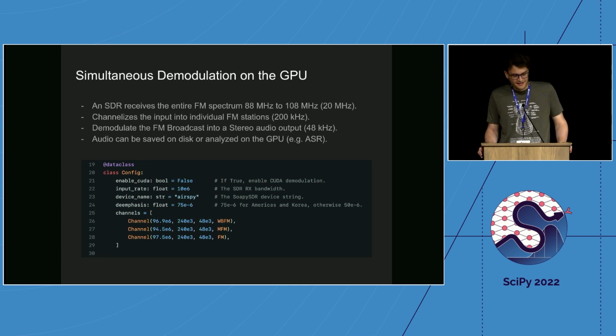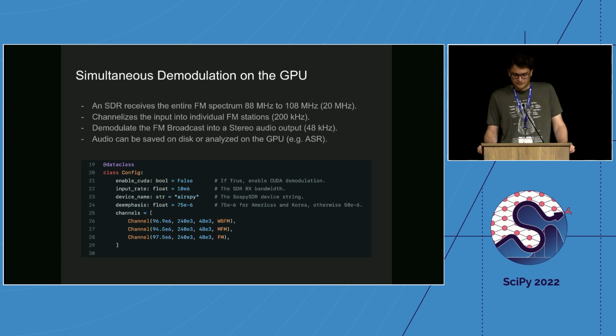So it's cool because you can then channelize the input into individual FM stations by 200 kilohertz. That is the bandwidth of each channel. And then you can demodulate the FM broadcast into stereo audio and play that simultaneously, or just store the audio on your disk.